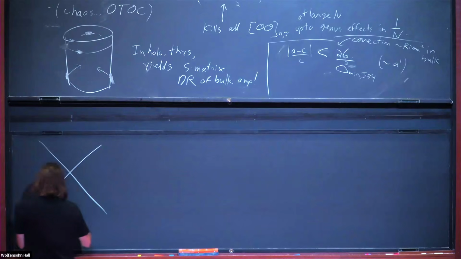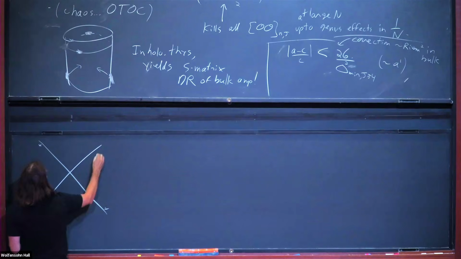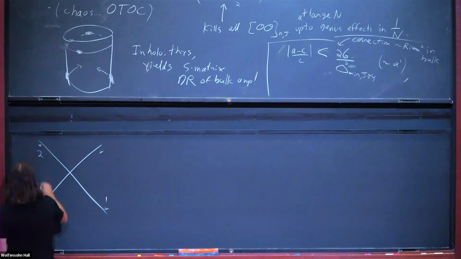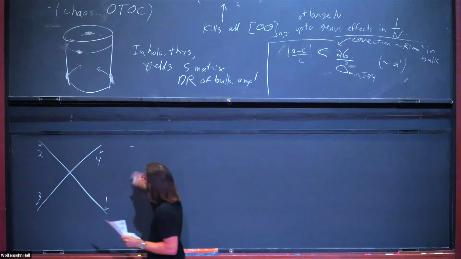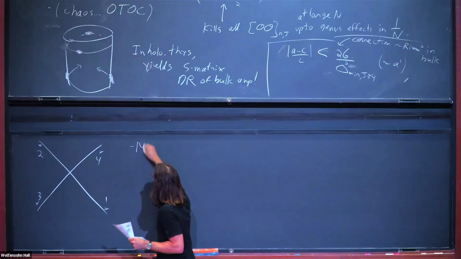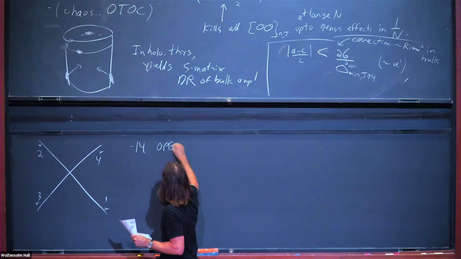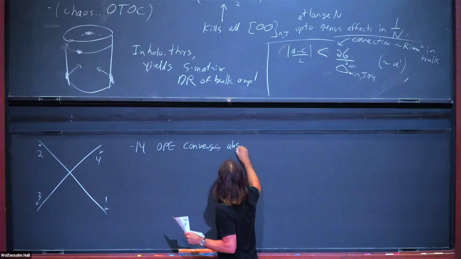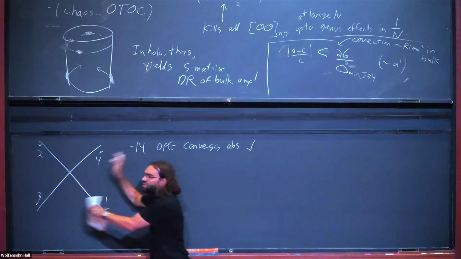Maybe I just want to articulate a little bit the question here, just to connect with this light ray stuff. So again, in this kinematics, 1, 2, 3, 4. The 1, 4 OPE converges, and it converges exponentially fast. So we can just compute from the cross ratios here.